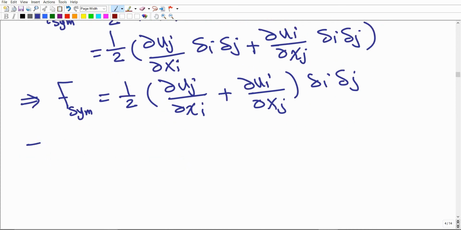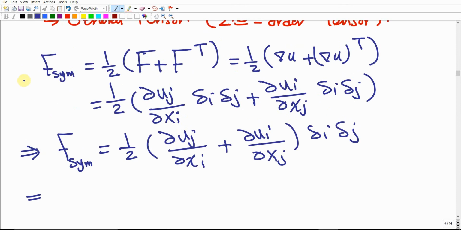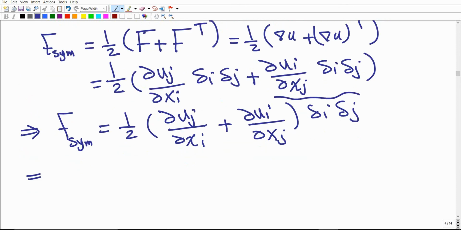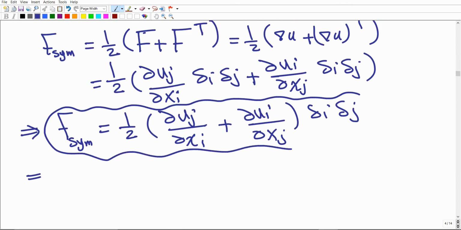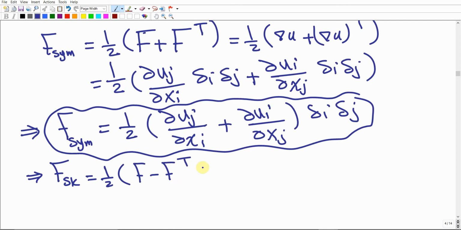Then how about the skew symmetric? Let us do the same for the skew symmetric tensor. So this is the symmetric tensor. For the skew symmetric tensor, simply we're gonna have S skew symmetric, SQ for example stands for skew symmetric, equals 1 over 2 times F minus F transpose, right?